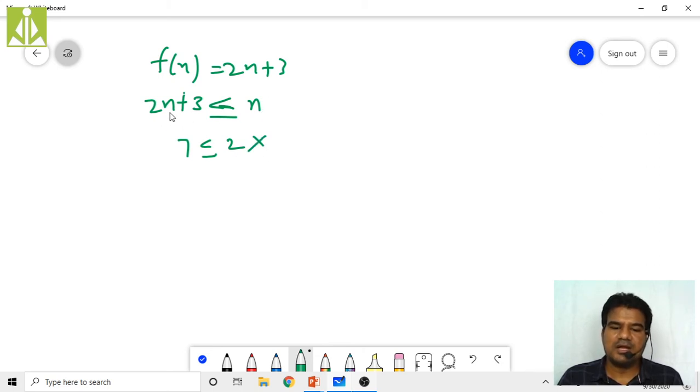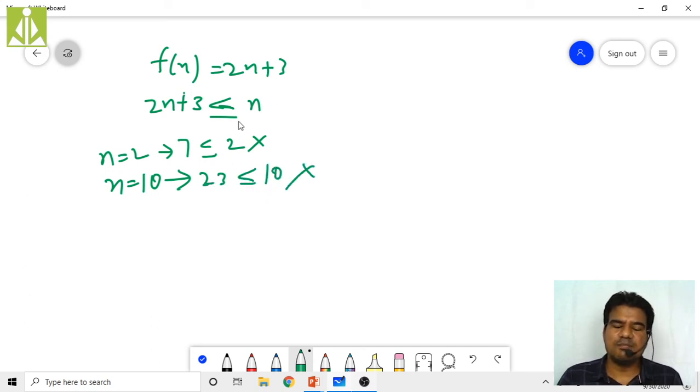Then 10 multiplied with 2 is 20, plus 3 is 23. 23 is less than 10? Again the condition is false. So simply taking n is not sufficient. You have to multiply by some positive constant over here.